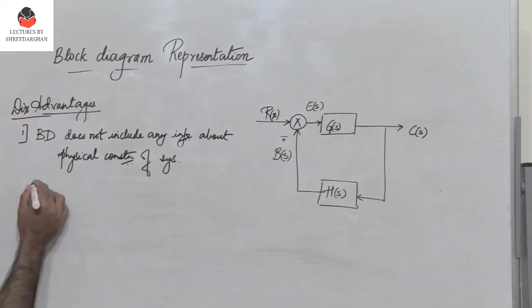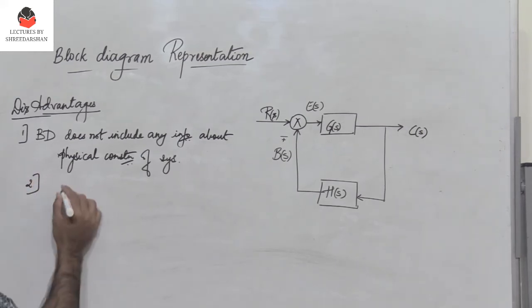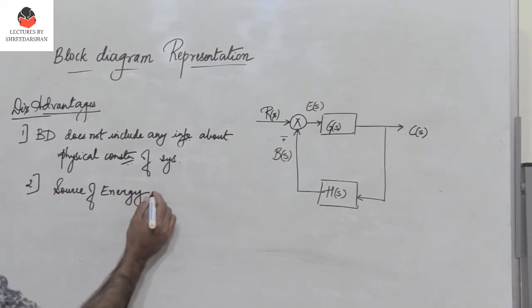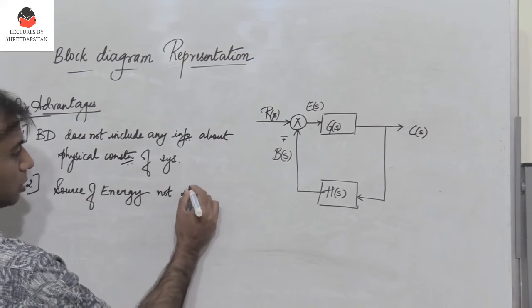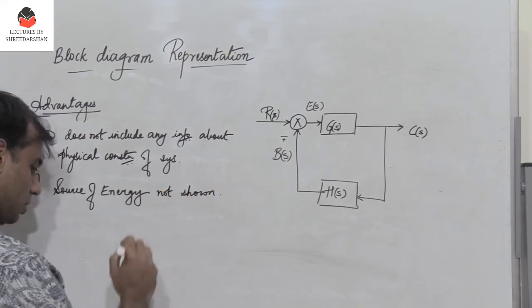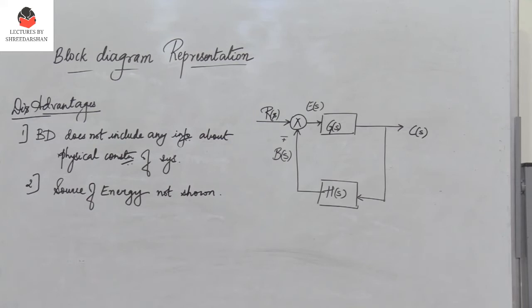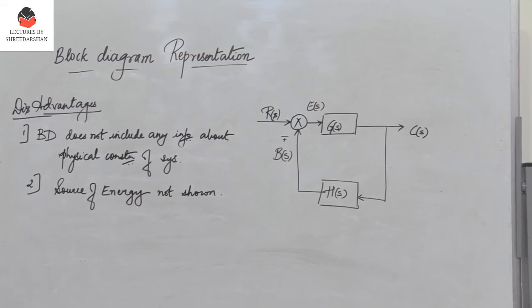Second, the source of energy is generally not shown or mentioned in the block diagram, and because it is usually not mentioned, different block diagrams can be drawn depending upon the point of view of analysis. So the block diagram of a given system need not be unique.